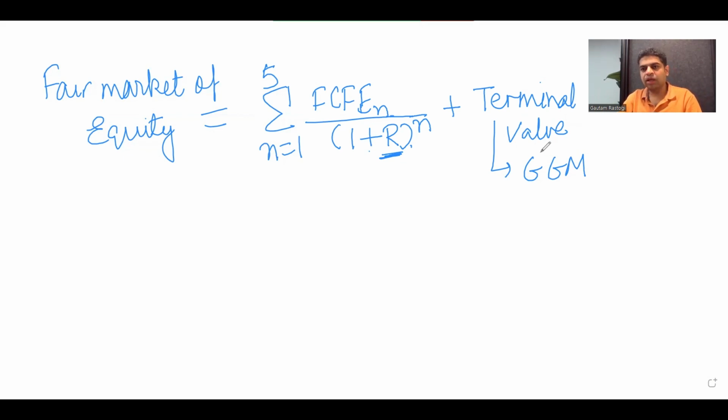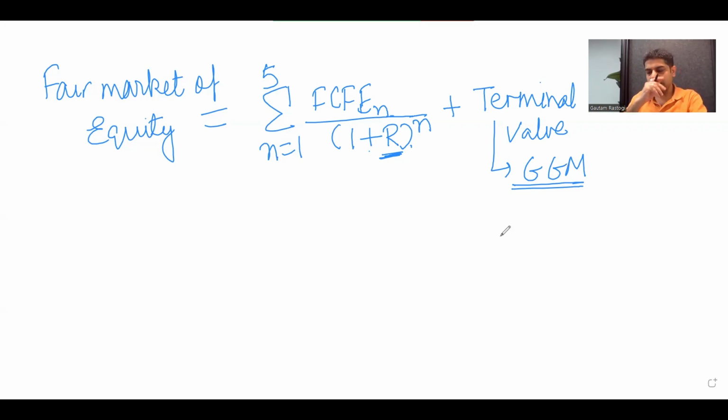Otherwise, if it had not been for this model, you would have had to estimate future free cash flows for perpetuity, which obviously is not practical. So the Gordon growth model just helps us estimate the terminal value so that we don't have to estimate cash flows for each and every year in the future. And we'll cover terminal value later in this module, as I said.